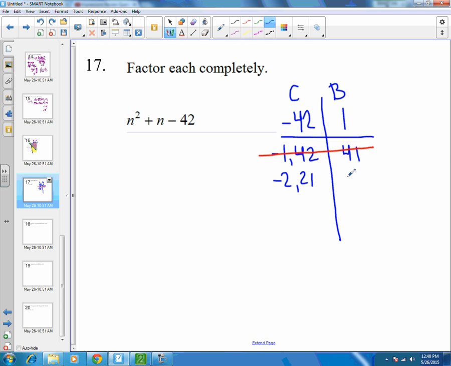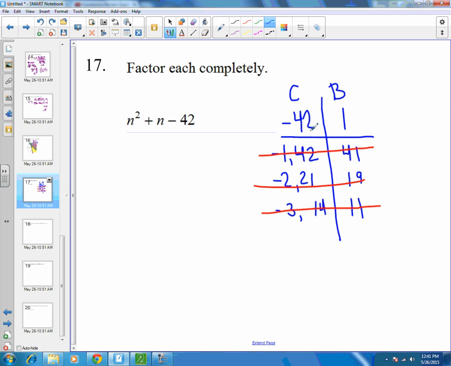But when I add those together, I get 19. And that does not work. Does 3 go into 42? Yes, it does. So we got -3 and +14, which is 11. That's not 1, so keep going.